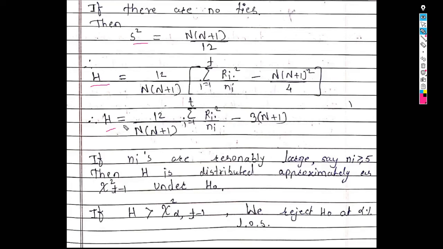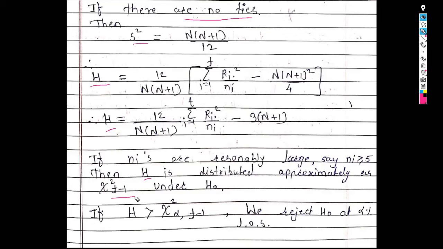So this test statistic is used when in our data there are no ties. If the Ni's are reasonably large, say Ni is greater than or equal to 5, where Ni means the size of the ith treatment, the number of observations in the ith treatment, then this H test statistic is distributed approximately chi-square with t minus 1 degrees of freedom under H0.